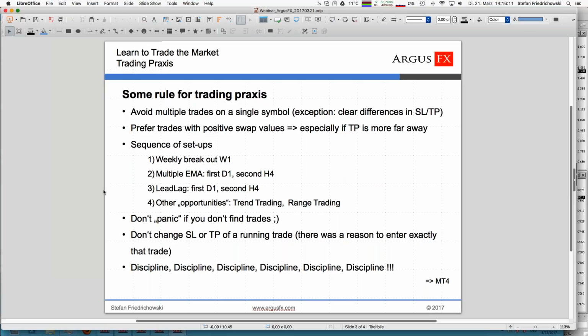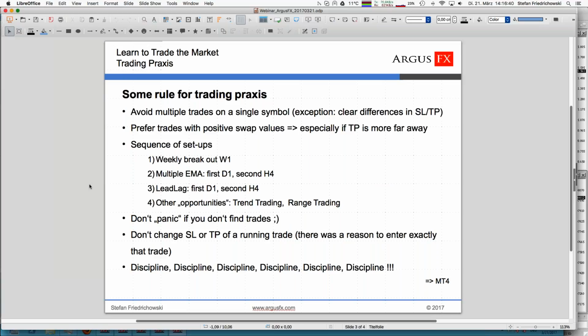Some more general remarks, because I know what sometimes happens if people, especially beginners, are sitting in front of the MT4 and looking for trades, that sometimes they feel, and I simply call it here panic, that they don't find a good trading opportunity. And finally, that forces people to open trades.